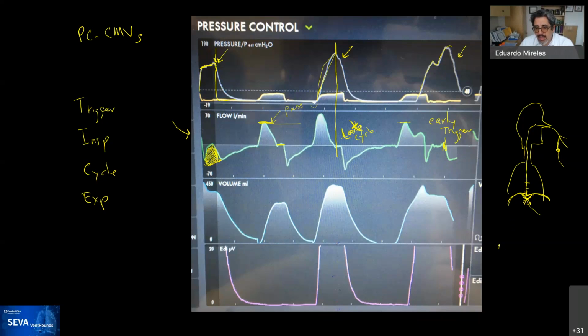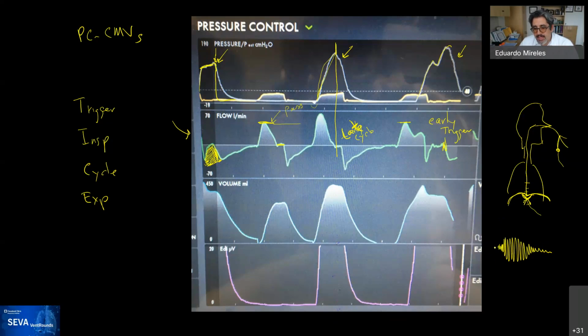Normally the EMG of the diaphragm will look something like that, adding up all the waveforms. I invite you to read the chapter by Sinderby in Tobin's book. It has a very nice explanation of how they came up with this waveform.